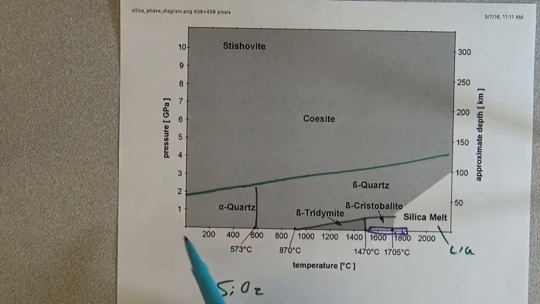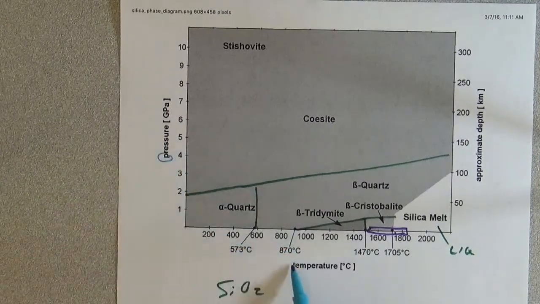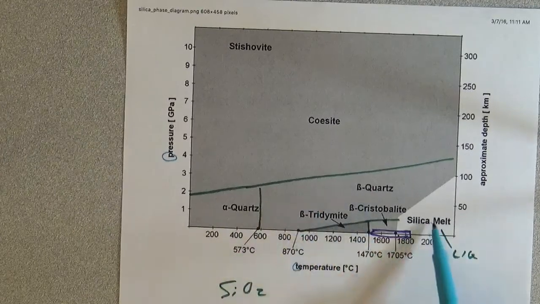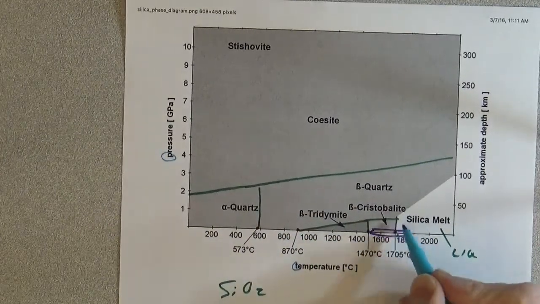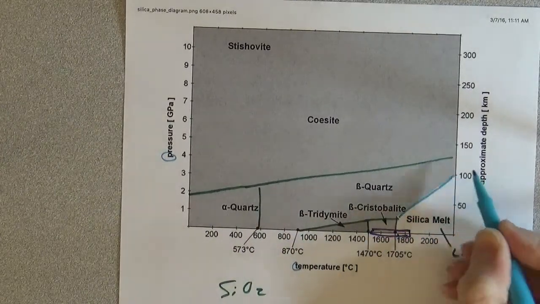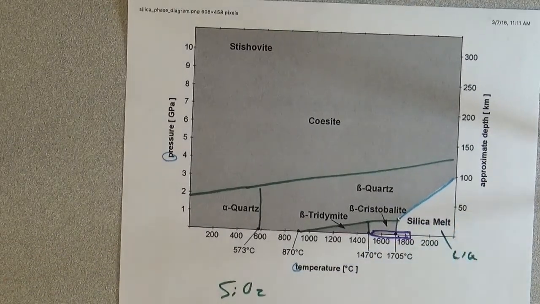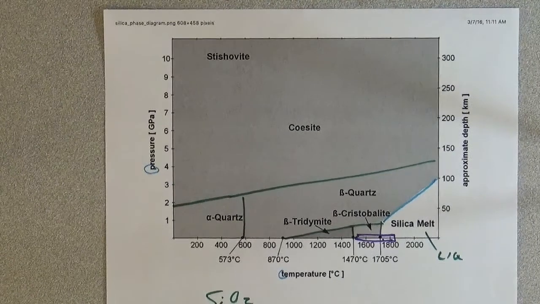So this is pressure versus temperature, and we've got this whole family of phases. We've got a little bit of liquid here, but you remember when we were talking about water, right?